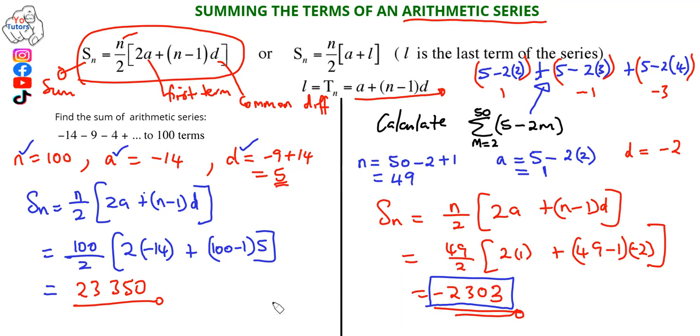Even if we are adding only the first three terms, we're going to say negative 1 plus negative 1 plus negative 3. What you get here is negative 1 plus 1 gives us 0, so it's going to be minus 3.